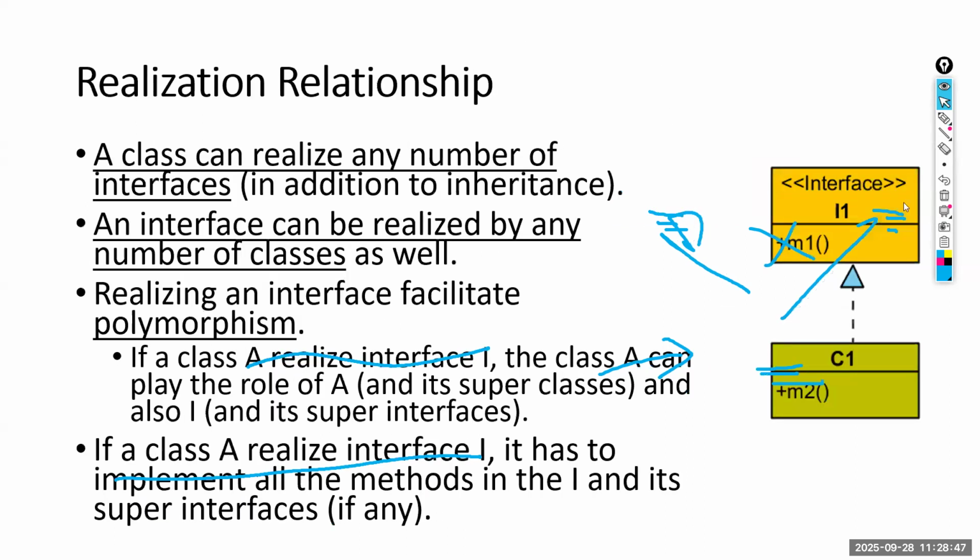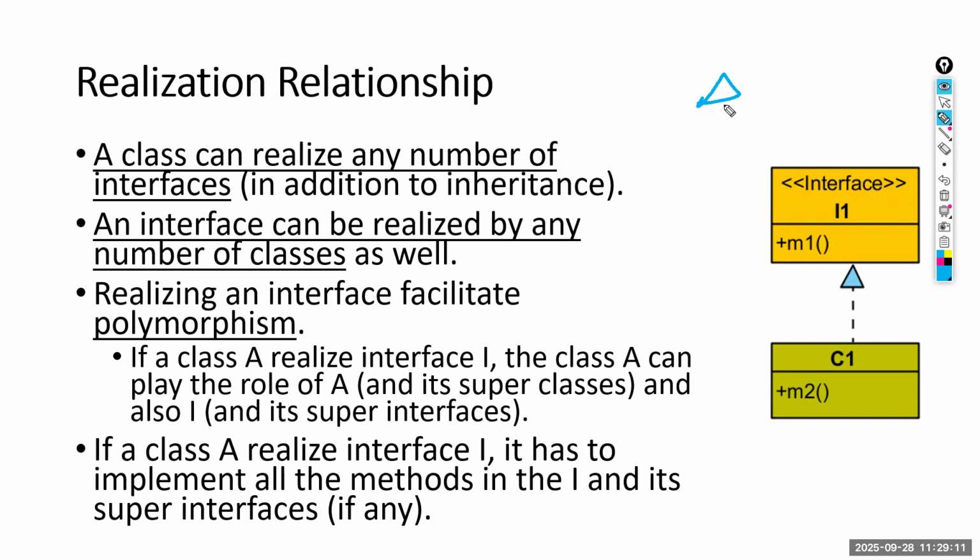So when we implement the interface, remember a class can implement the interface. The word we use is realization. So we say that Class 1 realizes Interface 1. Class 1 implements it with a dotted line, not a solid line. We use the same arrowhead as inheritance, but not the solid line.